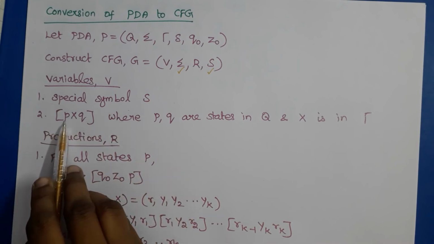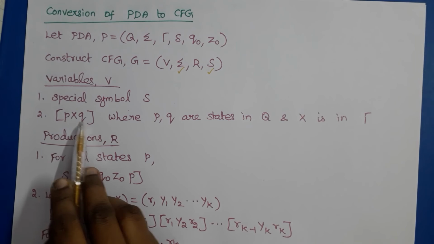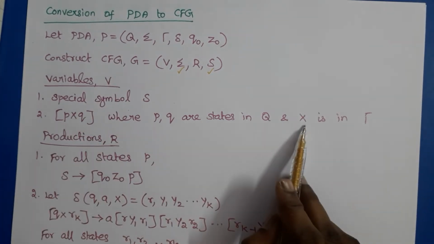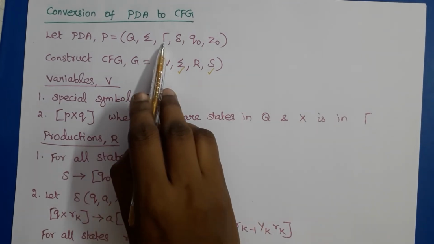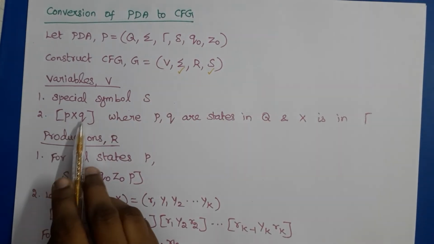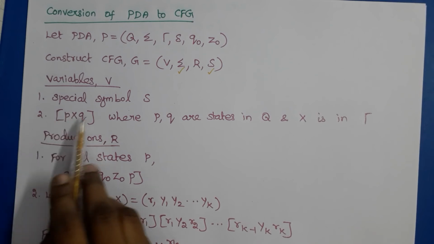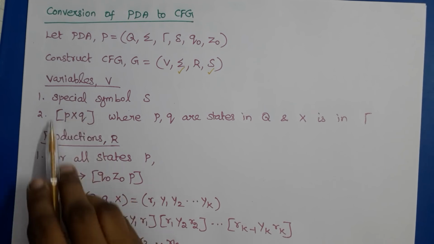The first symbol and last symbol are states in Q, and the middle symbol X is the stack symbol. So first and last symbols are the states, and the middle symbol is a stack symbol. This is considered as a single variable.